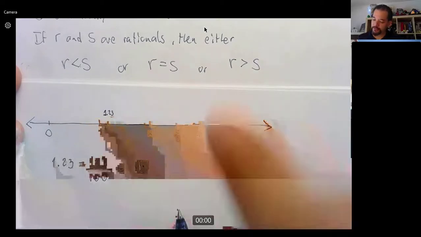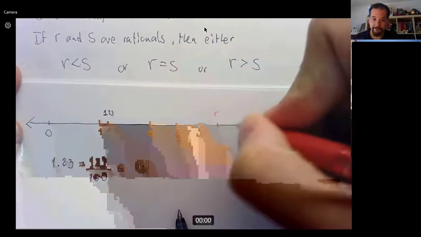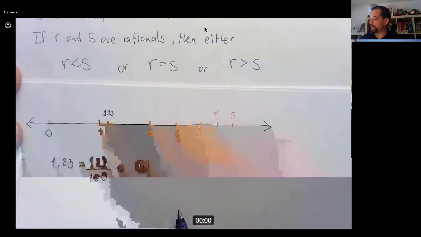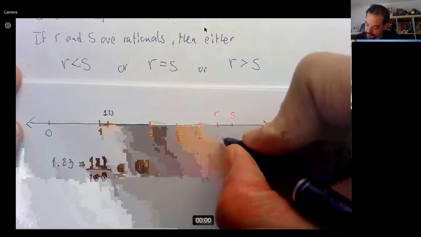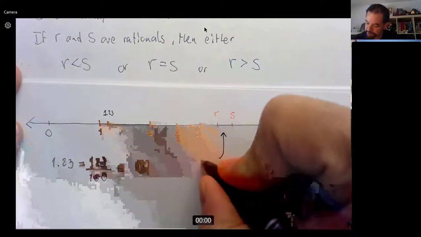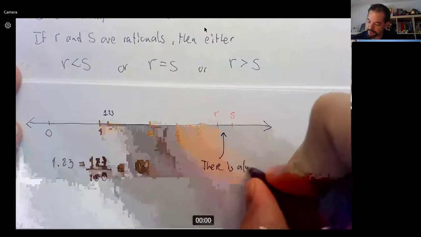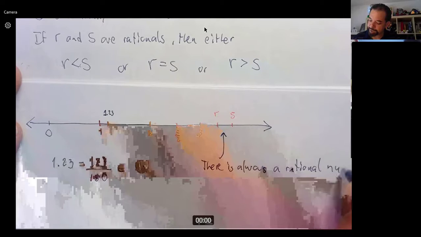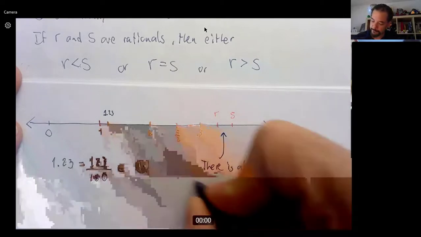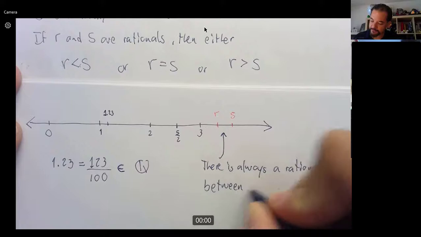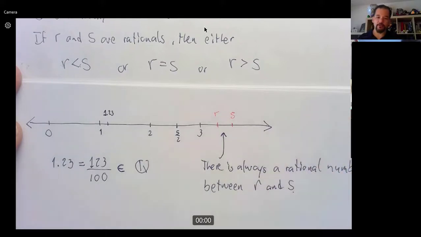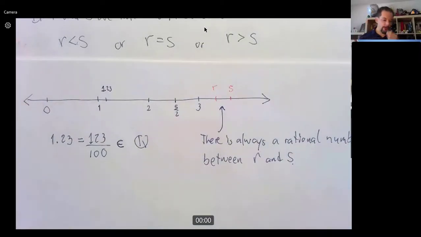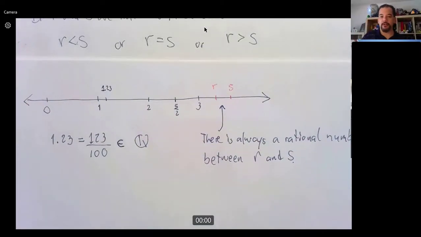So if I pick a number over here, R, and another one here, S, well, no matter what R and S are, there is always a rational number between R and S. Can you tell me one? Which one would work, no matter what R and S are?